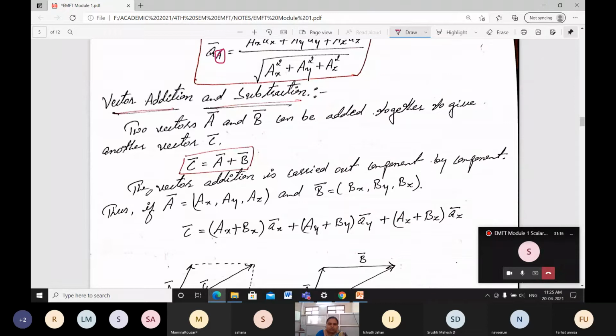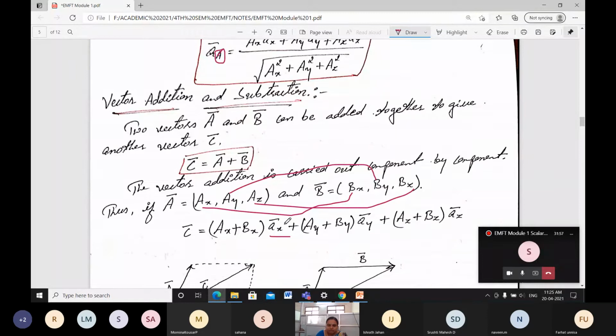If we have the vector addition of two vectors, then we have to add each of the components of the two vectors. That is, if A bar equals Ax, Ay and Az, and B bar equals Bx, By and Bz, then C bar is Ax added with Bx with the unit vector ax, plus Ay with By with the unit vector ay, plus Az with Bz with the unit vector az.